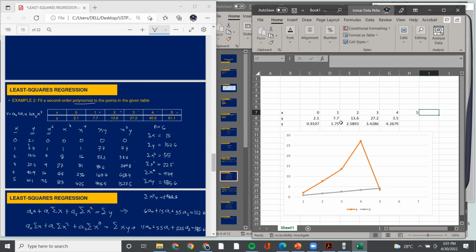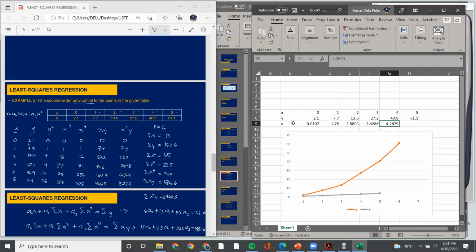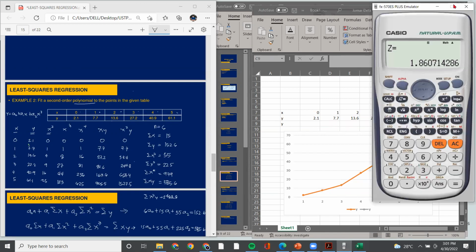Okay. y is 2.1, 7.7, 13.6, 27.2, 40.9, and 61.1. Okay. So, for the corrected y, let's use the calculator.